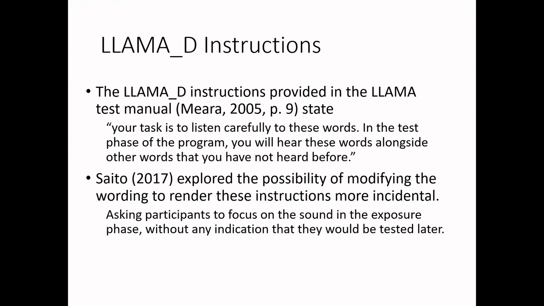The LLAMA D instructions provided in the LLAMA test manual in Meara 2005 state that your task is to listen carefully to these words, and in the test phase of the program, you will hear these words alongside other words that you have not heard before.